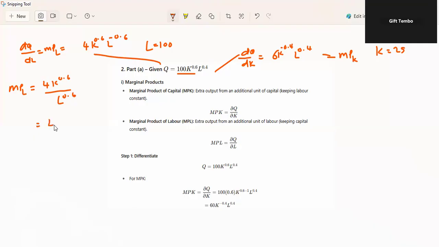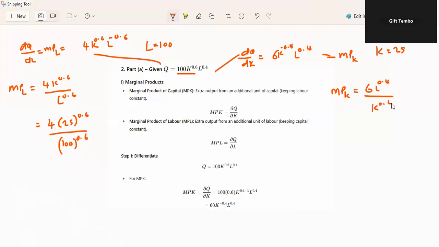Yes. So where there is K, we put what? 25 to the power 0.6. Then here we have L is 100 to the power 0.6. You can use a calculator to calculate that. Similarly, here the marginal product of capital. If we're going to rewrite it, how do we write it? 6L^0.4 divided by K^0.4.